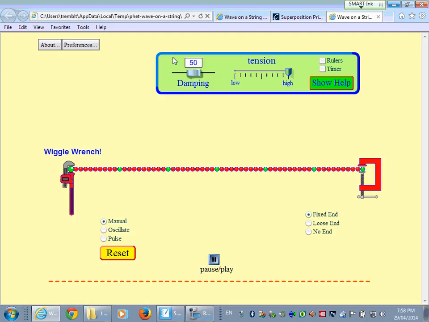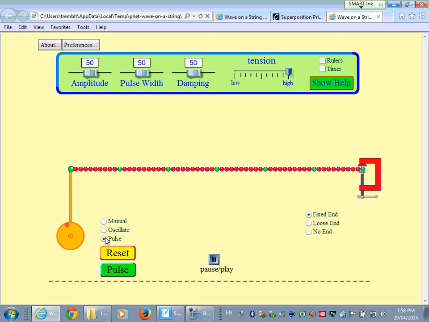You probably recognize this applet from last time. I'm going to generate a pulse, and I'm going to take the damping down so that it doesn't lose any energy. I'm going to leave the amplitude where it is, and generate a pulse here. There we go. Okay, so you can see the pulse is moving down.